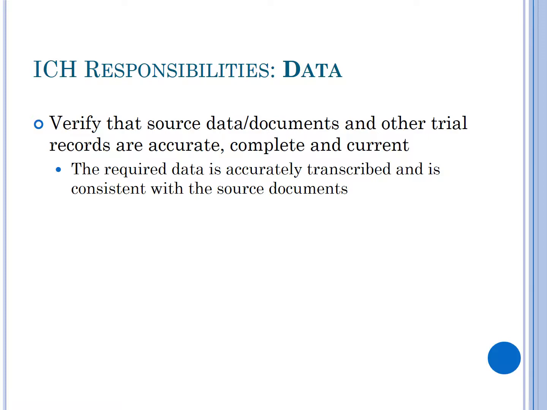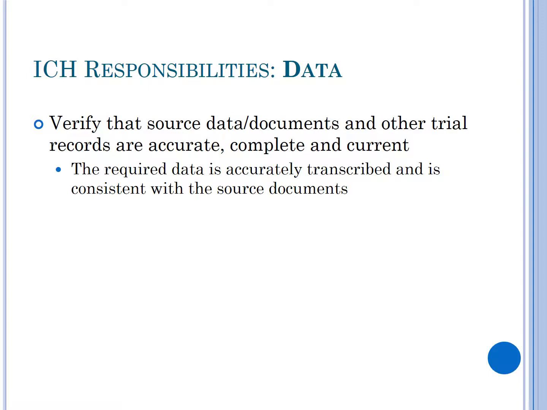They're going to make sure that the data is accurately transcribed from that original source document into the case report form, and that the data that's been transcribed is consistent with the source documents. Because remember, what I just said on the previous slide is that the data has to be verifiable. So if the blood pressure was 118 over 82, and you write 112 over 88, right?